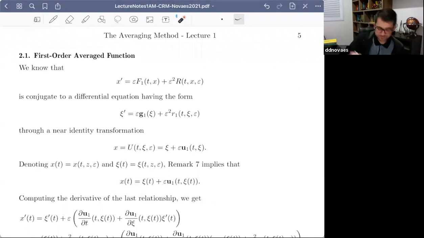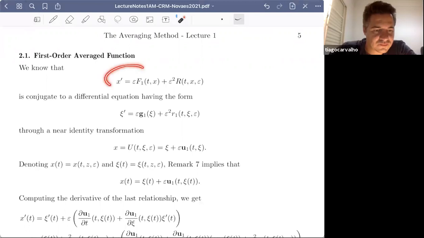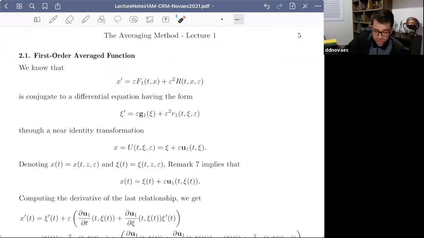As I have showed, the averaging theorem allows us to conjugate the solutions of this differential equation with solutions of these difference equations, okay? And keeping the initial condition, right?